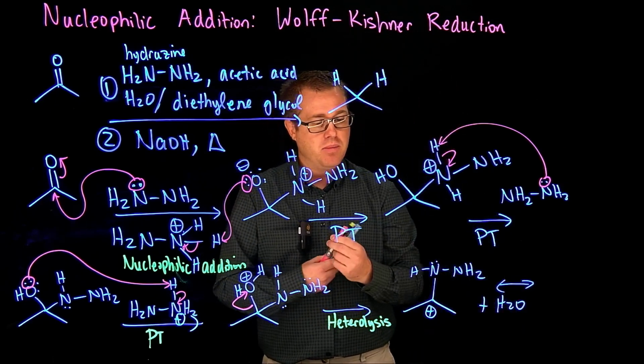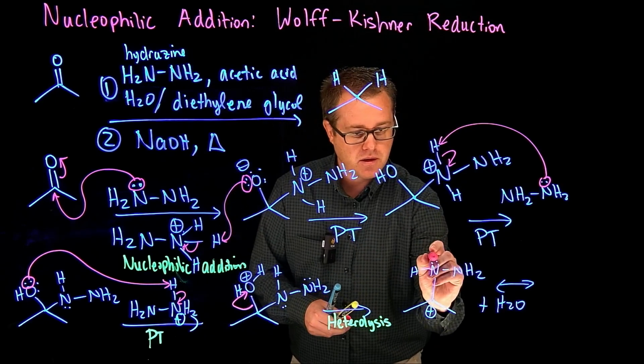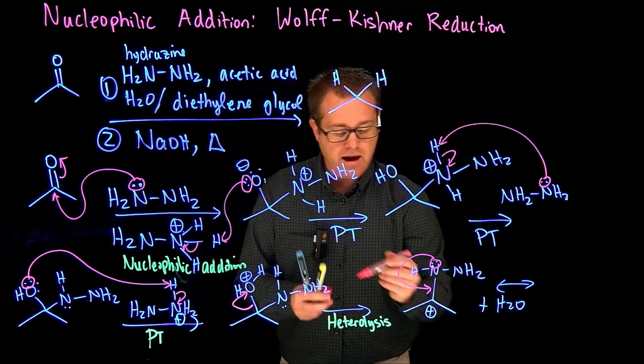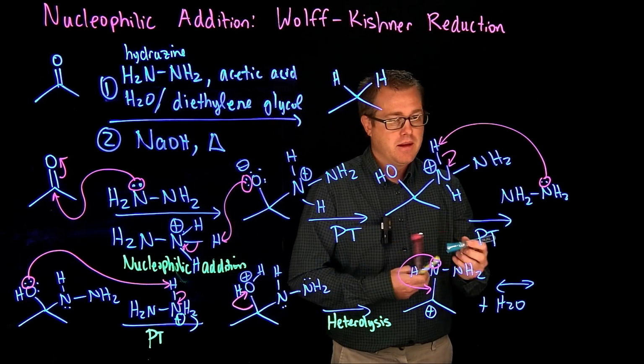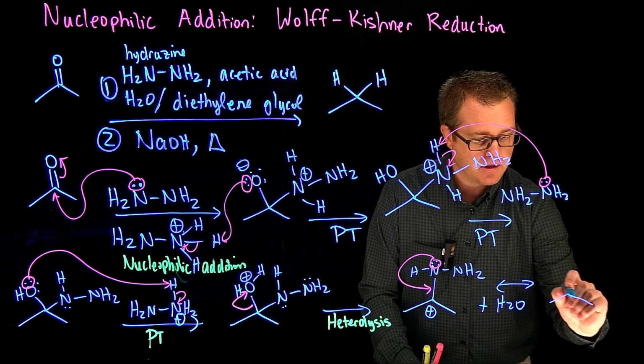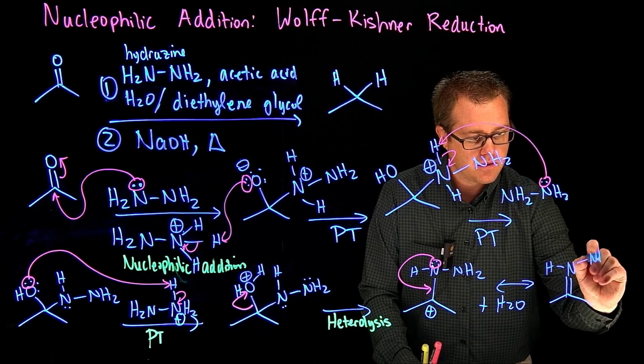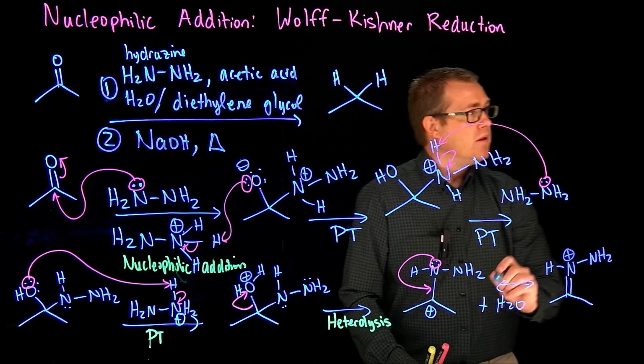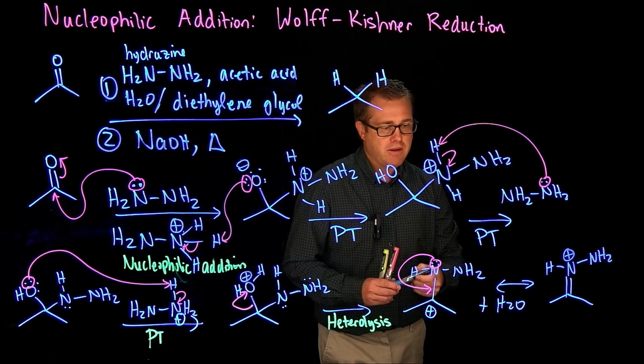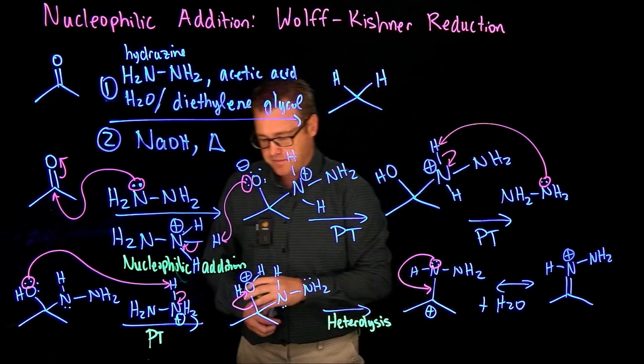We have this lone pair right here that could resonate down to help stabilize that. So we have a resonance structure that looks like this. Now we have positively charged species there.